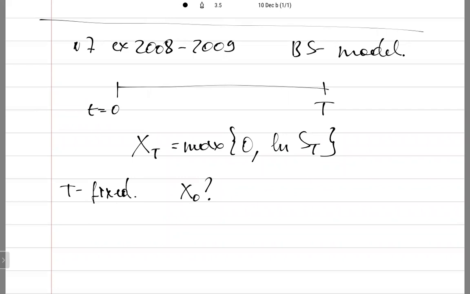So here's the problem. Okay, the beginning is very simple to calculate. But isn't it the same as we solved in the previous class? But instead of ST minus K, we have now ln ST. Basically, yes. All problems are the same. You just use logic and knowledge, and you win.